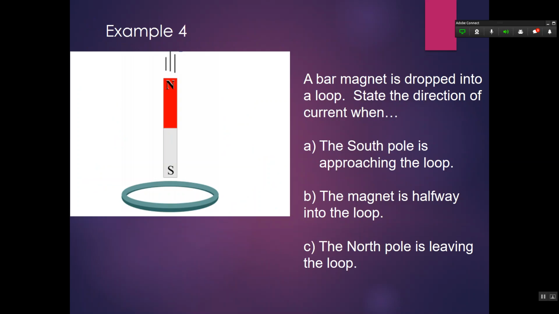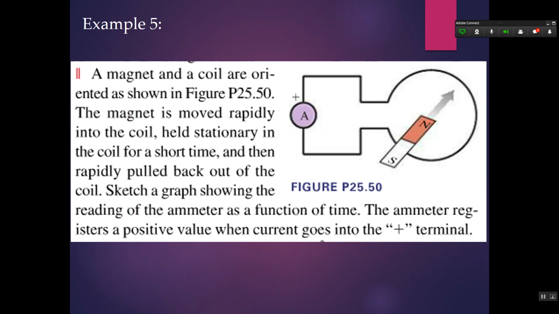We're going to skip this one because it's too similar, but I want you guys to do this one. No, I skipped it.